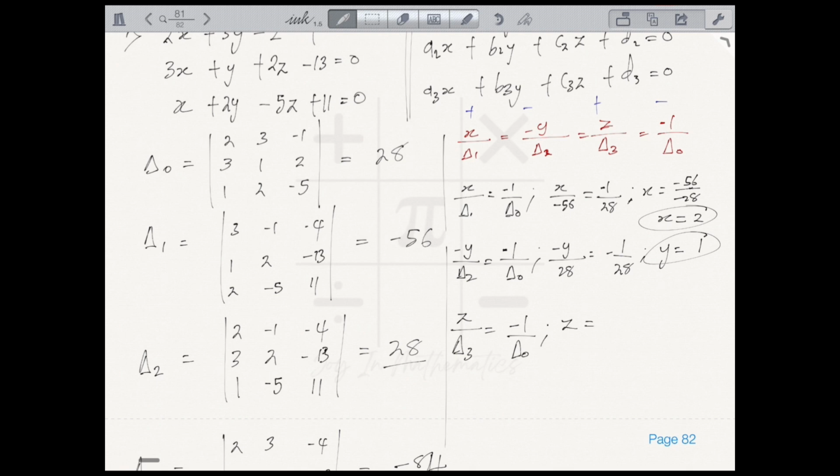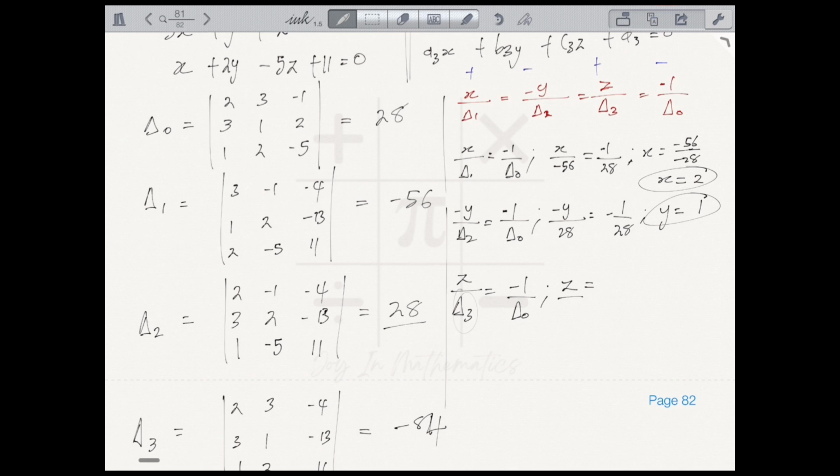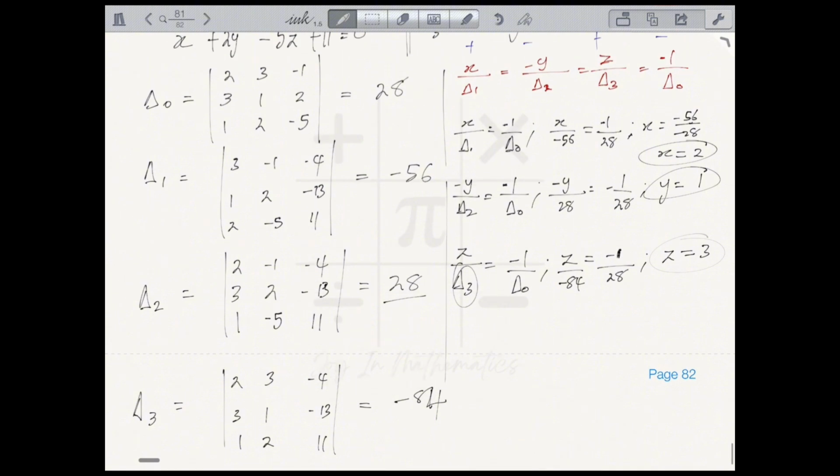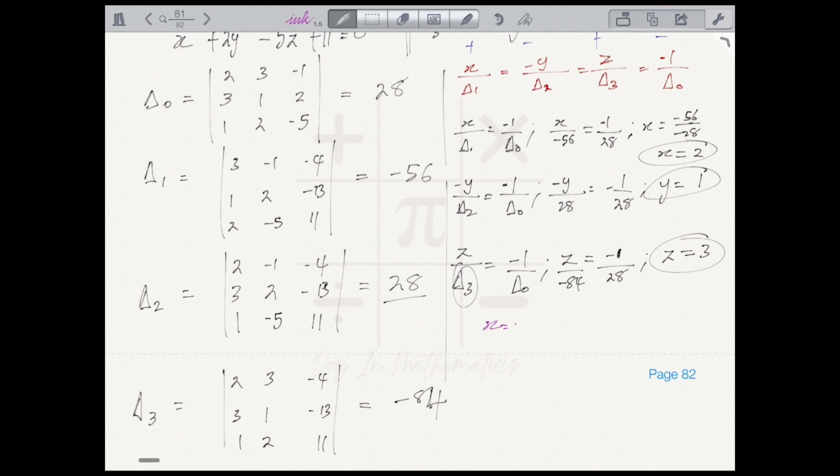So our z is equal to, my delta 3 here is minus 84, and minus 1 divided by this, which is 28. So if we evaluate our z here, it will be equal to what? 3. So we can come to a conclusion now that x is equal to 2, y is equal to 1, and z is equal to 3.